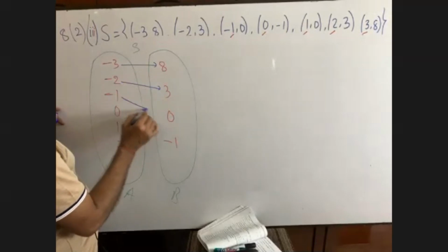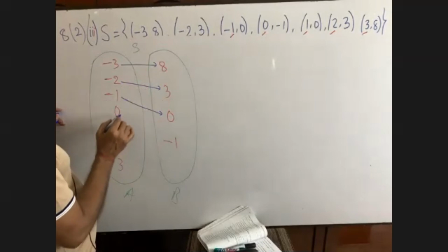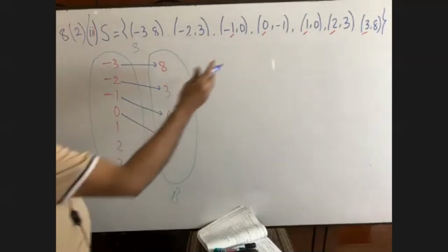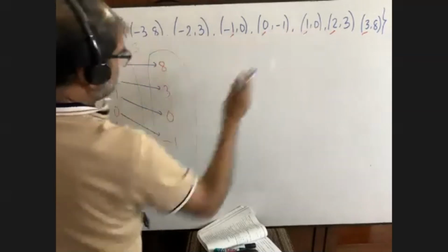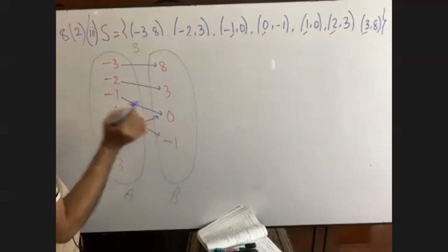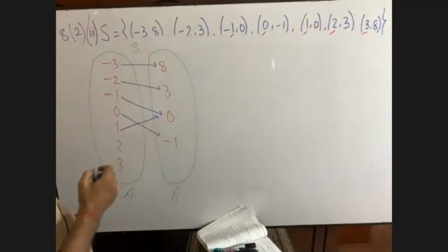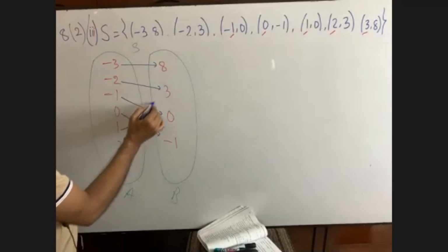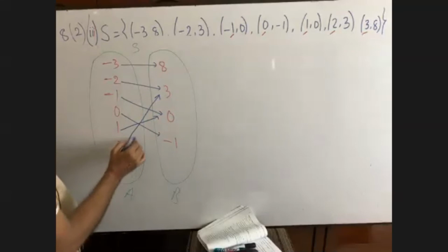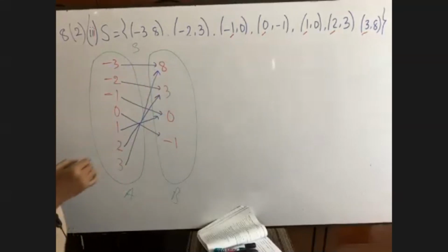For -1 it is 0. For 0 it is -1, right? But you see here, for 1 again it is 0. For 2 it is again 3. For 3 it is 8. Have you got me?